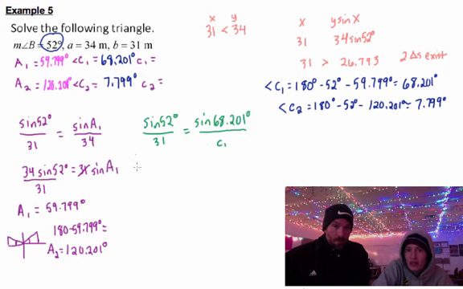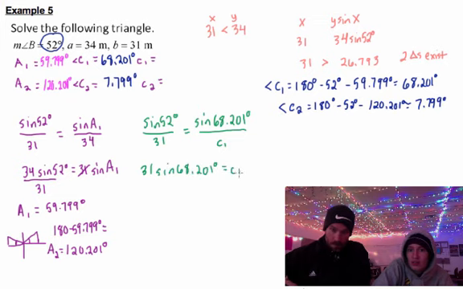Cross multiply and solve that. So divide by sine of 52. I put an equal sign there, that should have been a multiplication situation, C1 times sine 52. My bad.